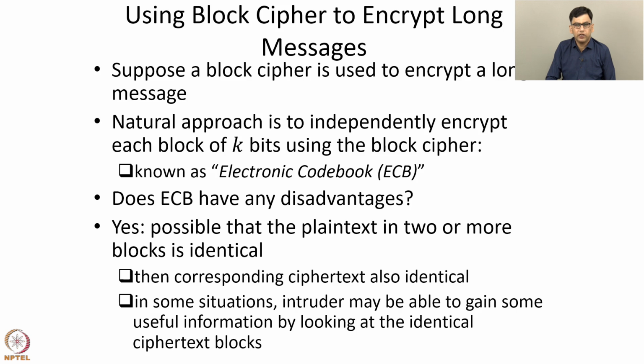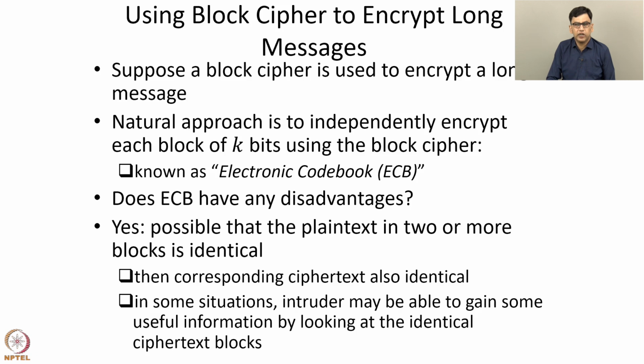The intruder sees that the plain text in the corresponding blocks is identical, just by looking at the ciphertext blocks. And in some situations, the intruder can also get some other information when electronic codebook is used.